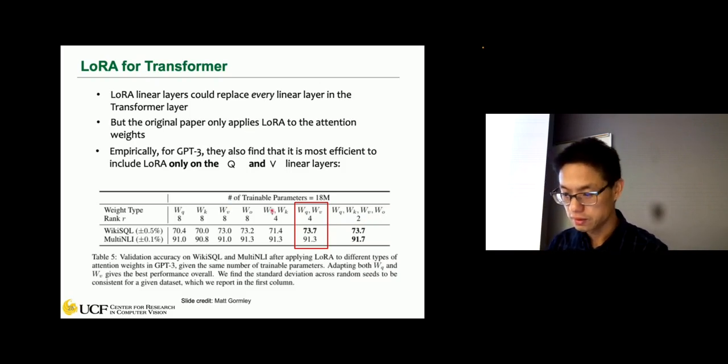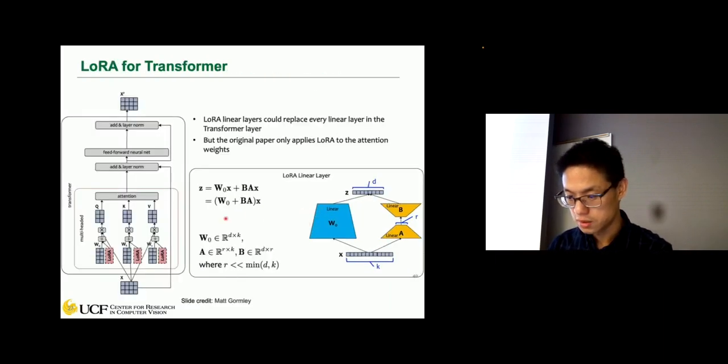As I mentioned, the total number of tunable parameters is 18 million. Remember, our tunable parameters are these B and A matrices. A has r times k dimension, B has d times r dimension, so these are the parameters we have to tune.